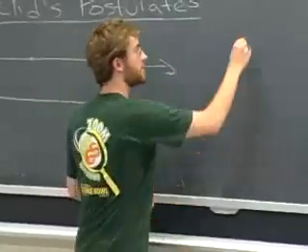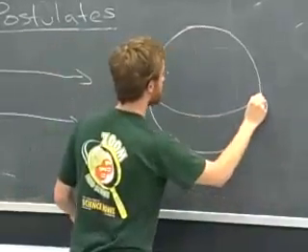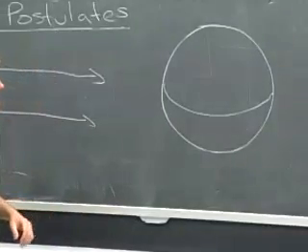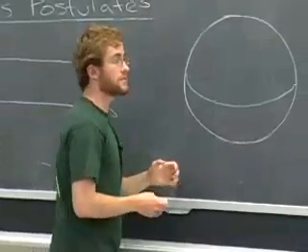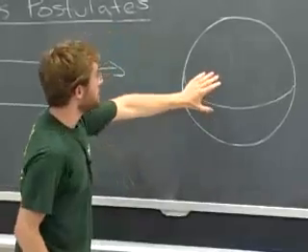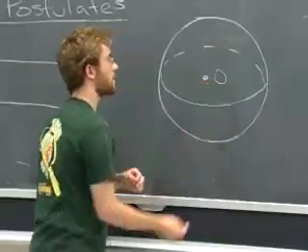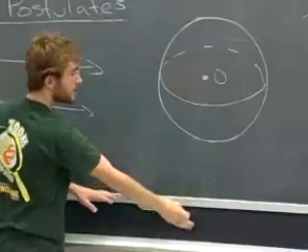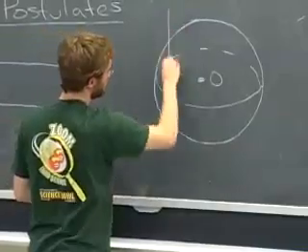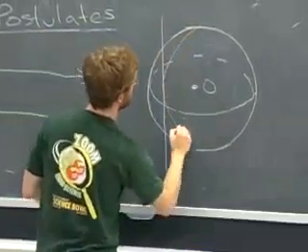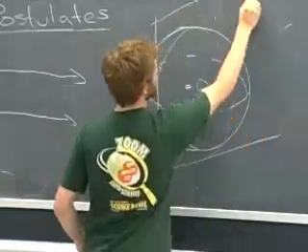And just to give you a quick example, suppose we're on the surface of a sphere. And we define our lines to be great circles. So the way you make a great circle is you take your sphere with your center O, and you cut through it and make a plane slice that goes through the origin.